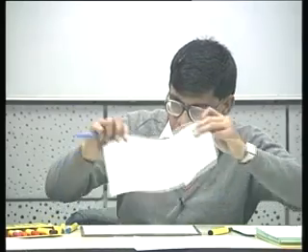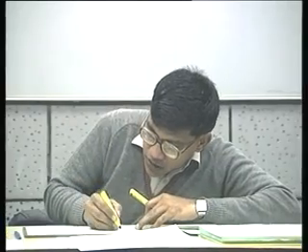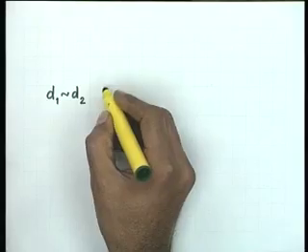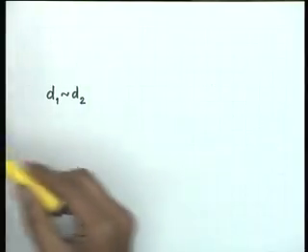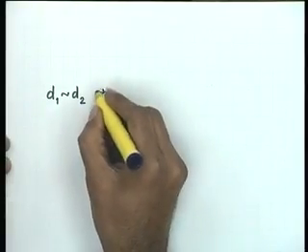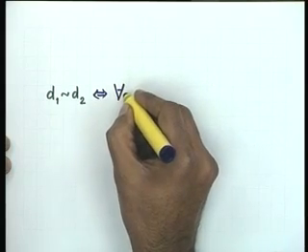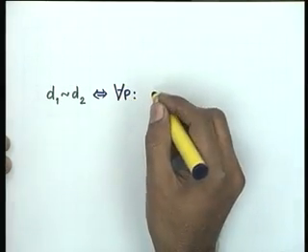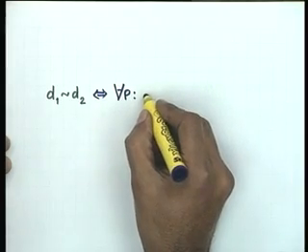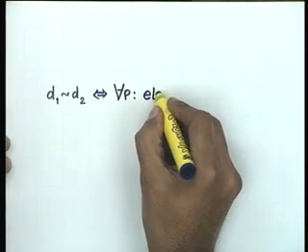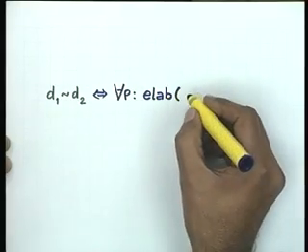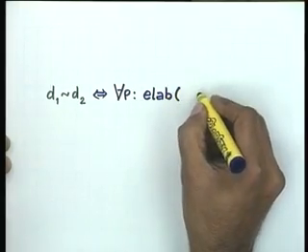So supposing I define declaration equivalence as: two declarations d1 and d2 are equivalent if and only if for all initial environments rho, let me call this a new function called elaboration. We usually talk about elaborating a declaration in an environment, right?